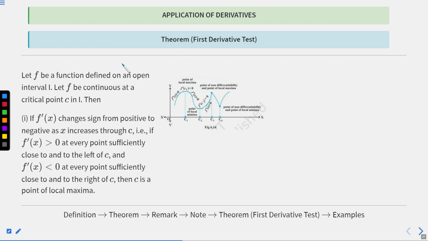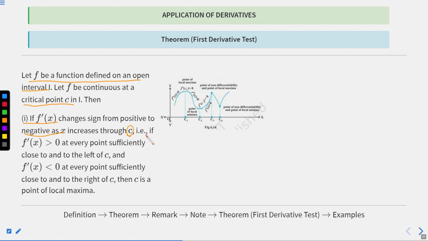The first derivative test. What does the first derivative test say? Let f be a function defined on an open interval I. Let f be continuous at a critical point c in I. Then first, f prime x changes sign from positive to negative as x increases through c.